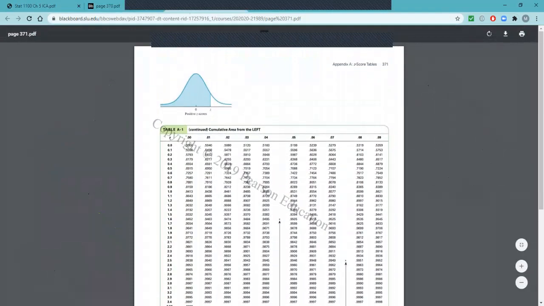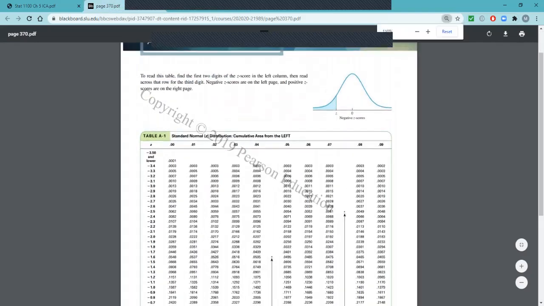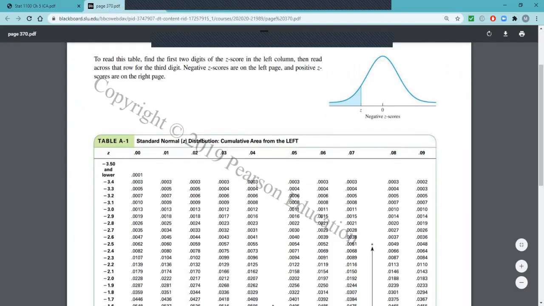Notice at the top of the table, we have a curve, and we're given some positive z-score. So just like before, we had that positive 1.67. And we can see the area to the left is shaded on both of these, right? So whether it's a negative z-score or a positive z-score. What this table is representing, and I'm going to make this larger for you. What this table represents is the area of the curve to the left of that z-score.